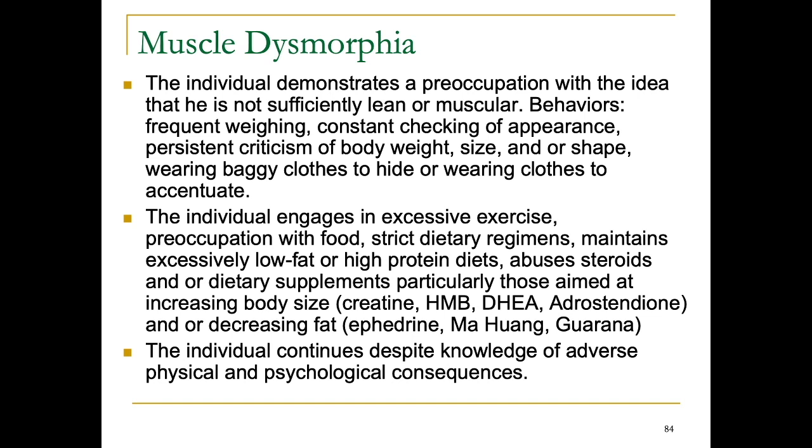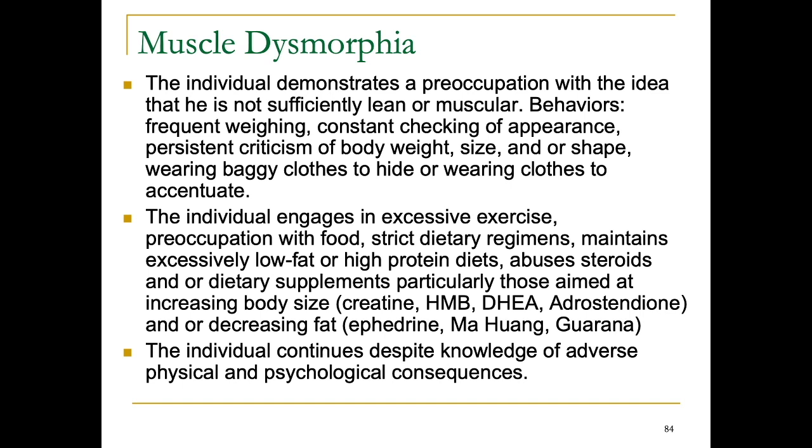These people exhibit all of the characteristics of an eating disorder, like frequent weighing, constantly checking appearance, criticizing their own body weight or their size, and wearing baggy clothes to hide themselves. This is a person who might engage in excessive exercise and a preoccupation with food, follow strict dietary regimens, have a low-fat and high-protein diet, but they also might abuse steroids or dietary supplements specifically for the purposes of increasing their musculature and decreasing their fat.